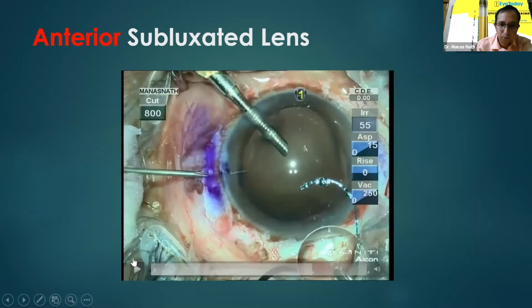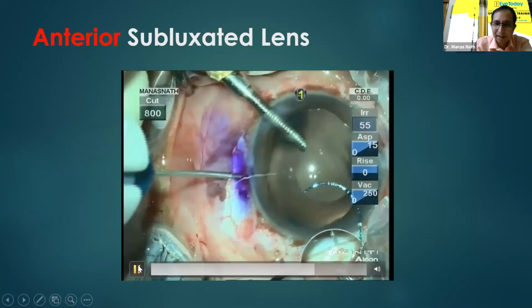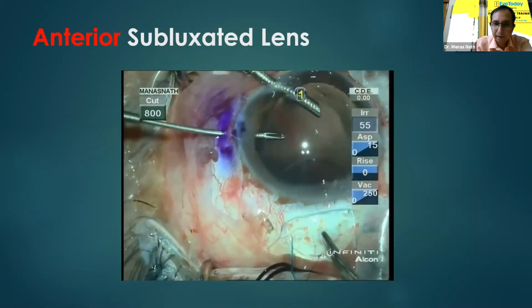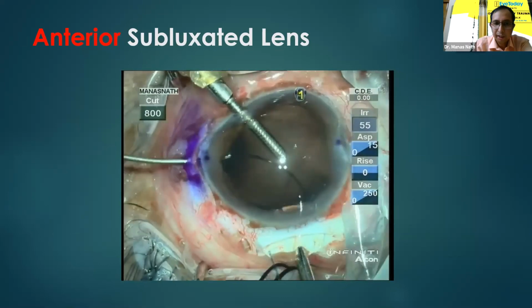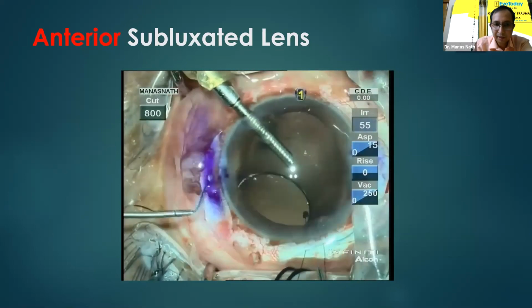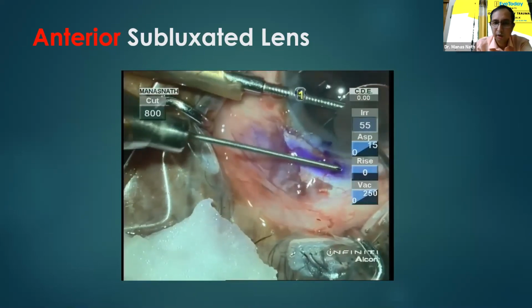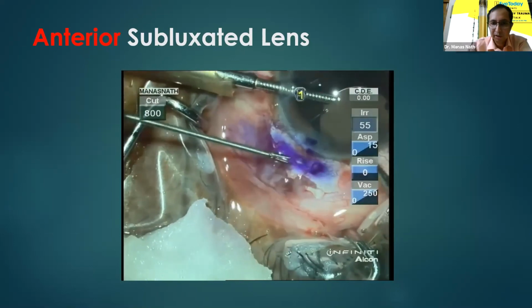So coming back to this case, the IOL with the sling attached will be introduced in the anterior chamber. The tip of the leading haptic is grabbed with end gripping forceps. It's taken out, and I usually prefer to fix the haptic inside the Charrier tunnel first before proceeding with the second.